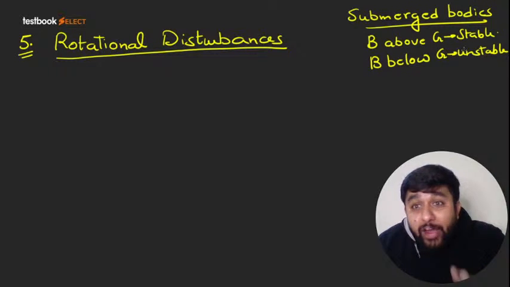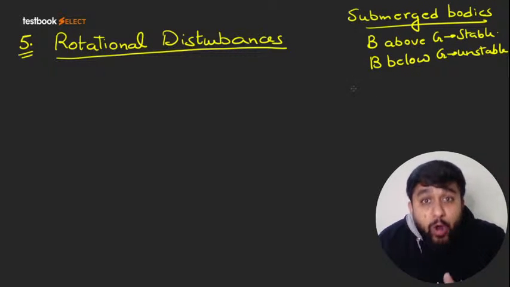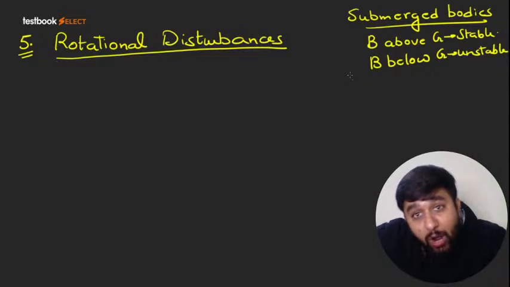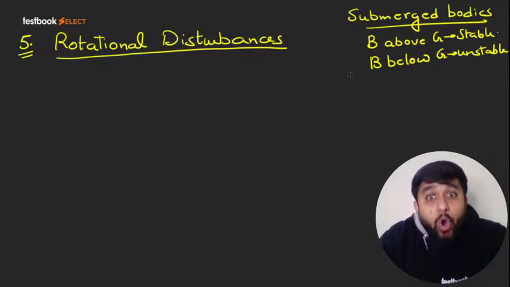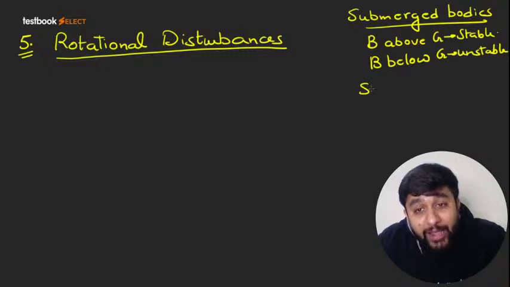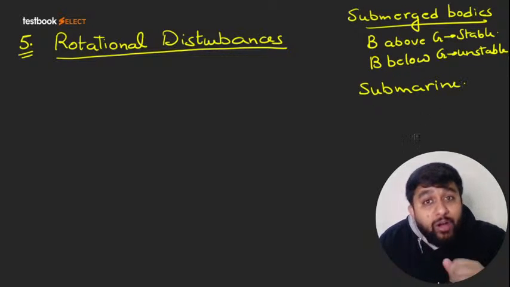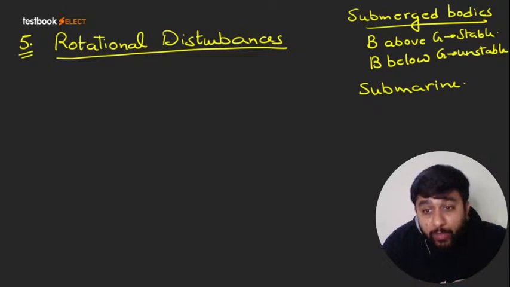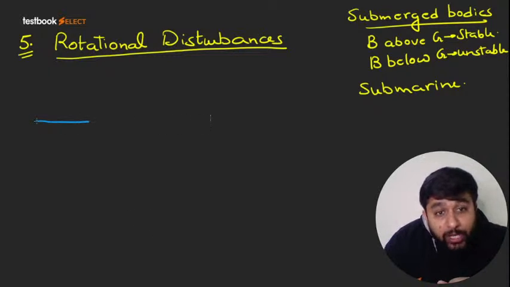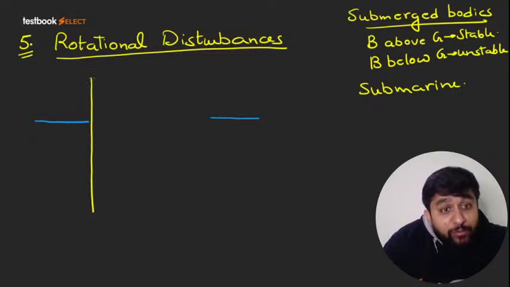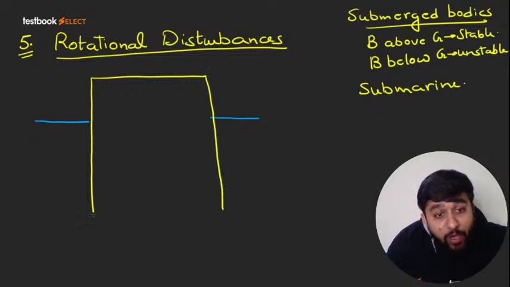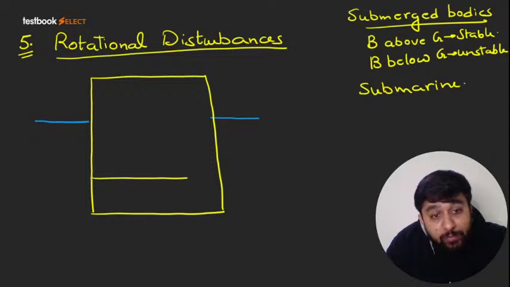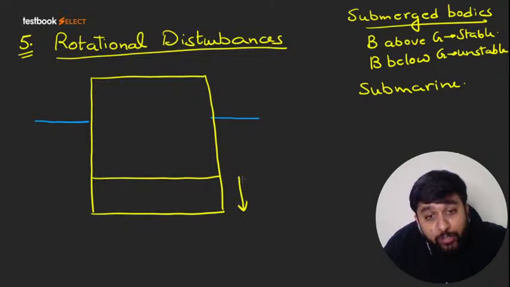But here we are not talking of a completely submerged body. Completely submerged body means one which is surrounded by fluid from all sides, like a submarine or a hot air balloon. So we are not talking of this. We are talking of a floating body. In our case, we have a floating body, and the lower portion of this floating body is made of 1500 kg per meter cube.